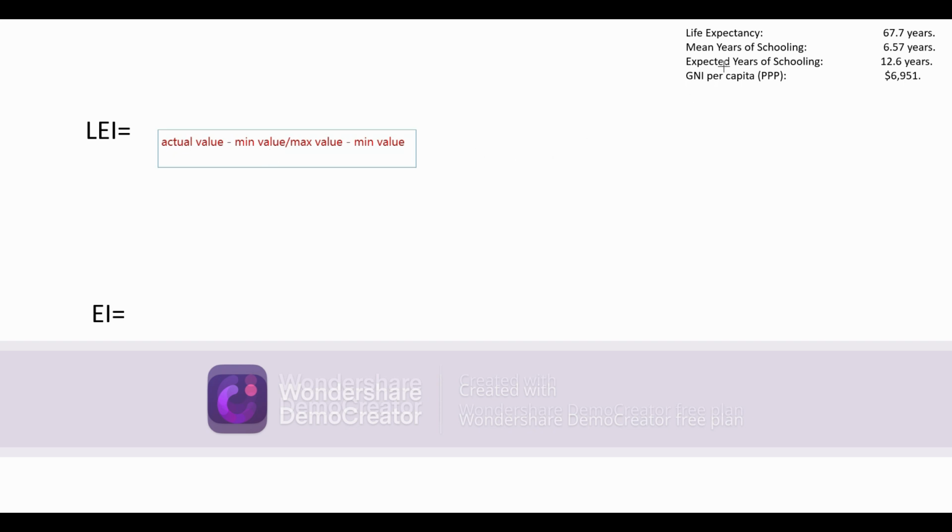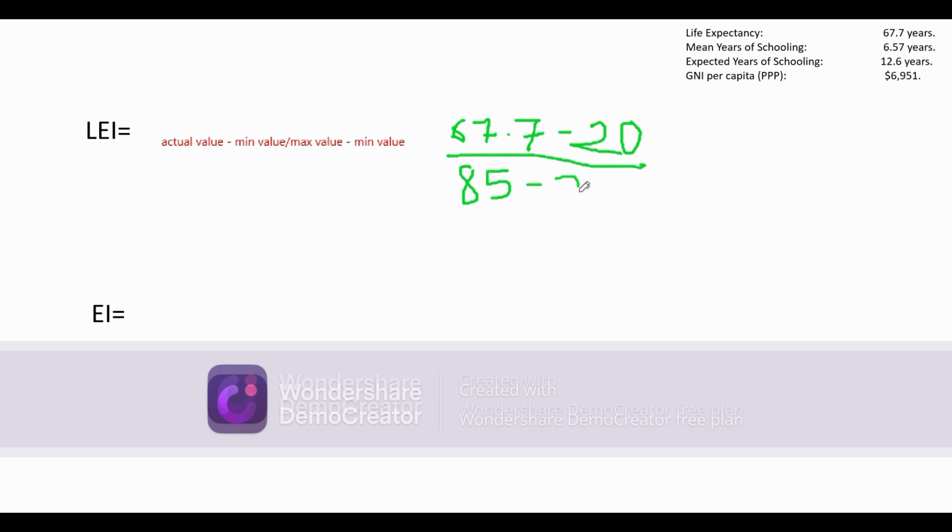As we have seen earlier, the actual value is 67.7, and the minimum value is 20, divided by the max value for life expectancy, which is 85, minus the minimum value, 20.